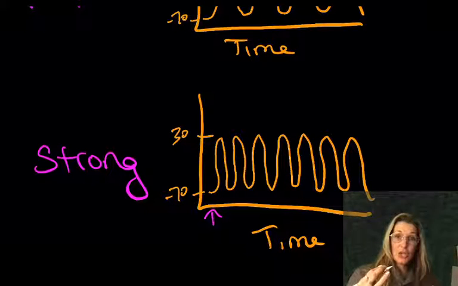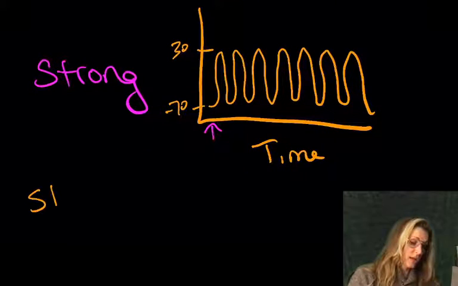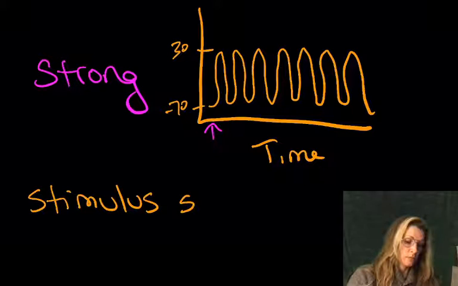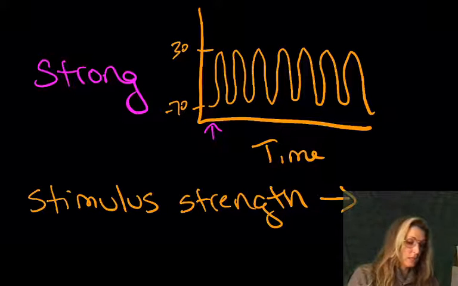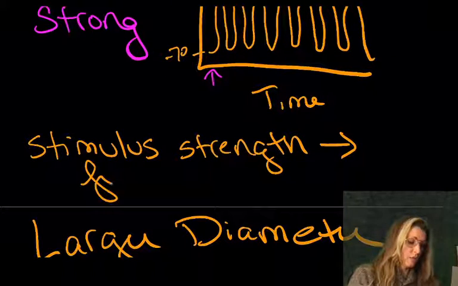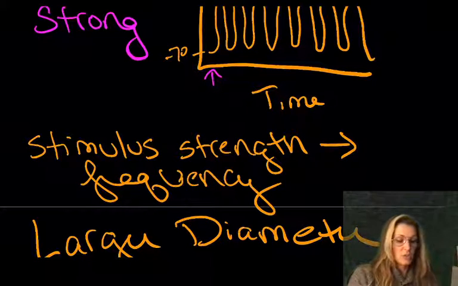So we get an increase in frequency. So stimulus strength directly relates to the frequency of action potentials.